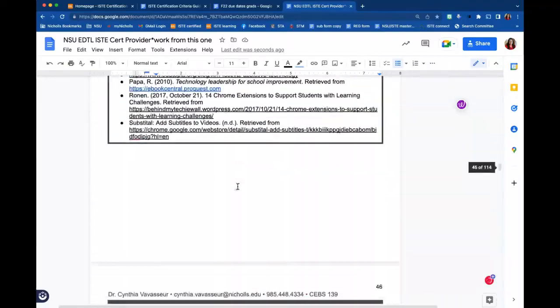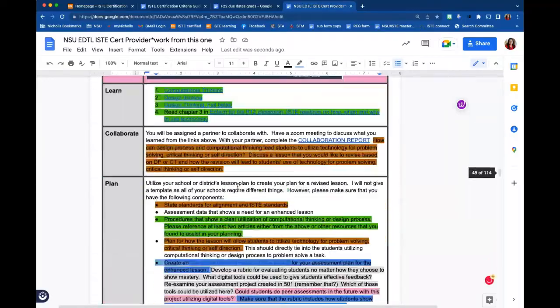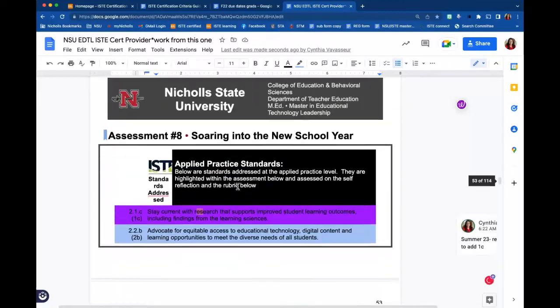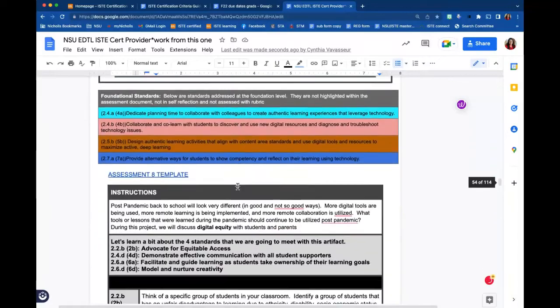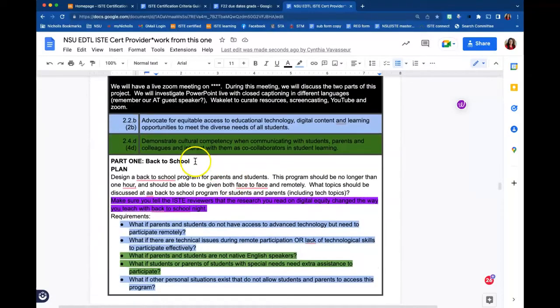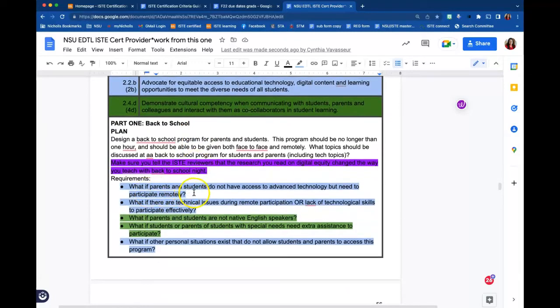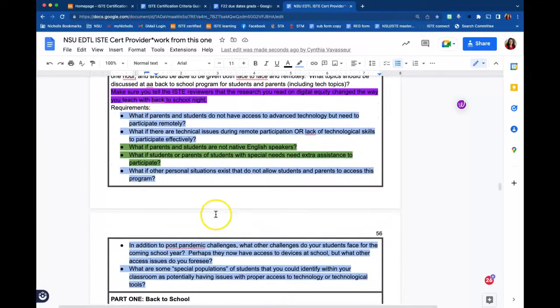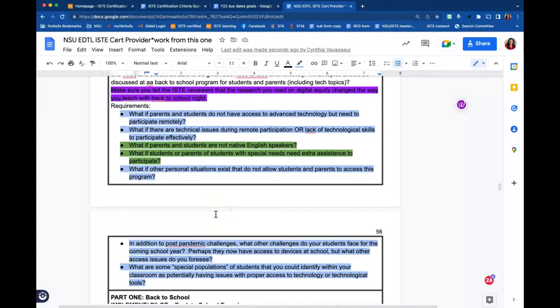But if we go down to our back to school assessment, I think that's what we called it, Assessment 8, where we really talked about how can we give parents and students that do not have access to this technology, technical difficulties, lack of tech skills. We really did this here, and you were required to implement this here.